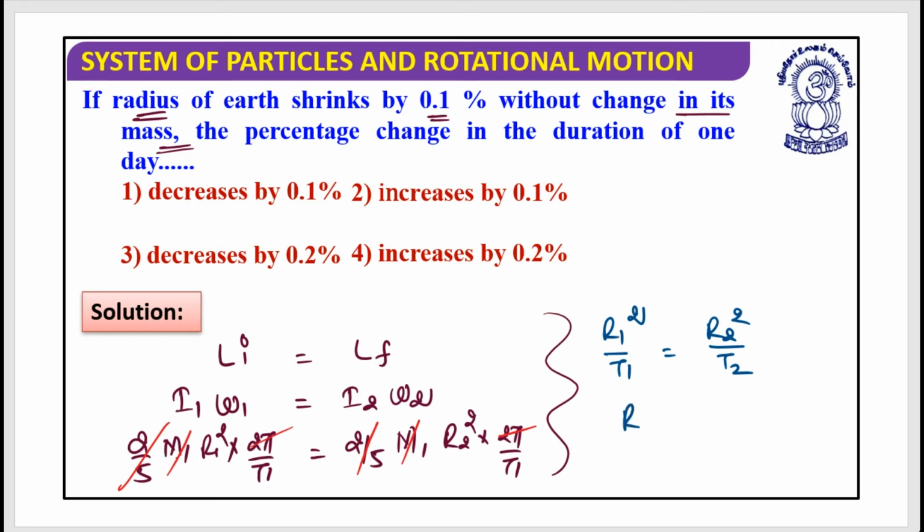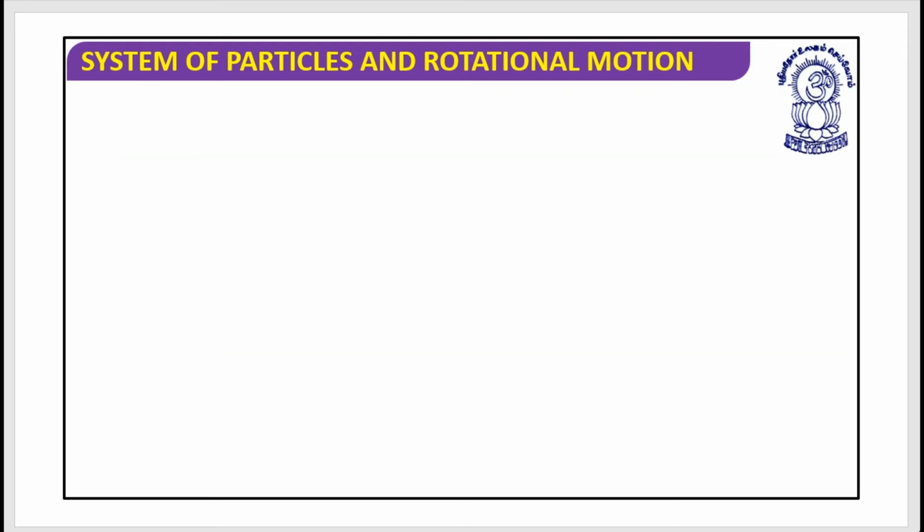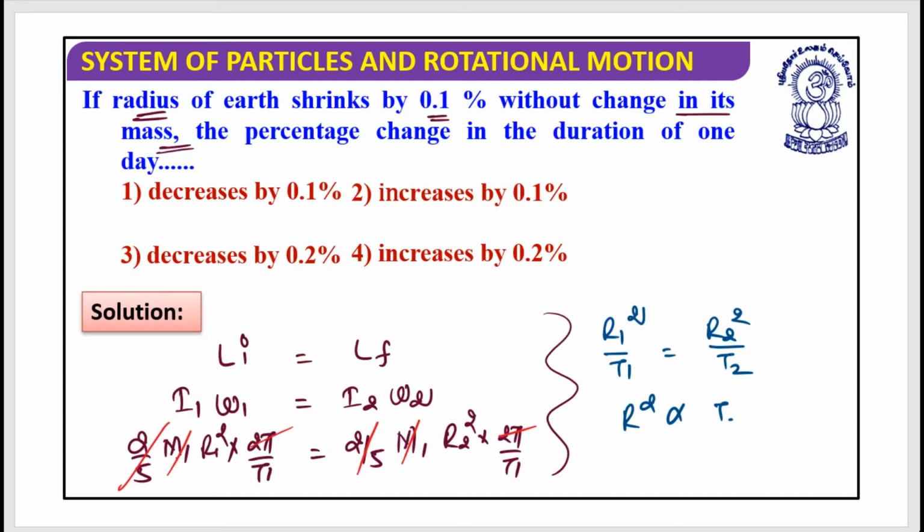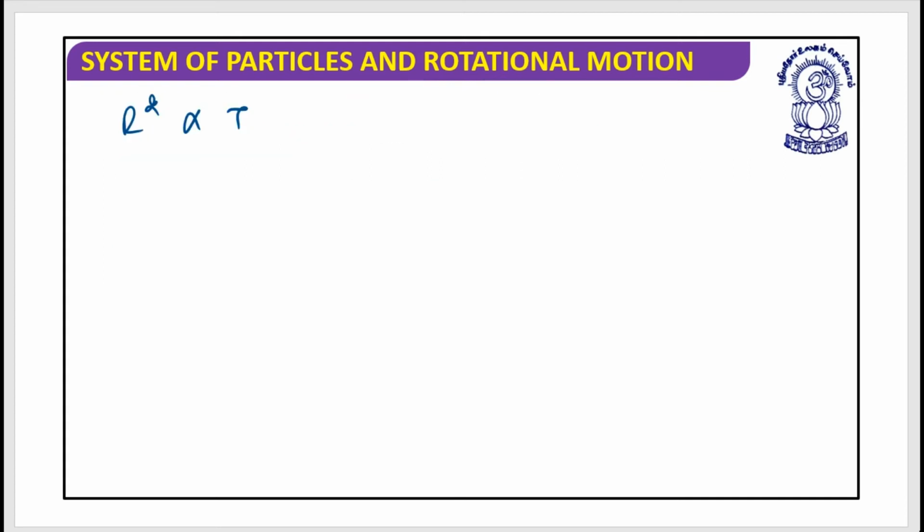So what I can understand is that r square is directly proportional to t. Since the shrink of the Earth is just 0.1 percent, and this is within the limit of error, I can write 2 delta r by r is equal to delta t by t.